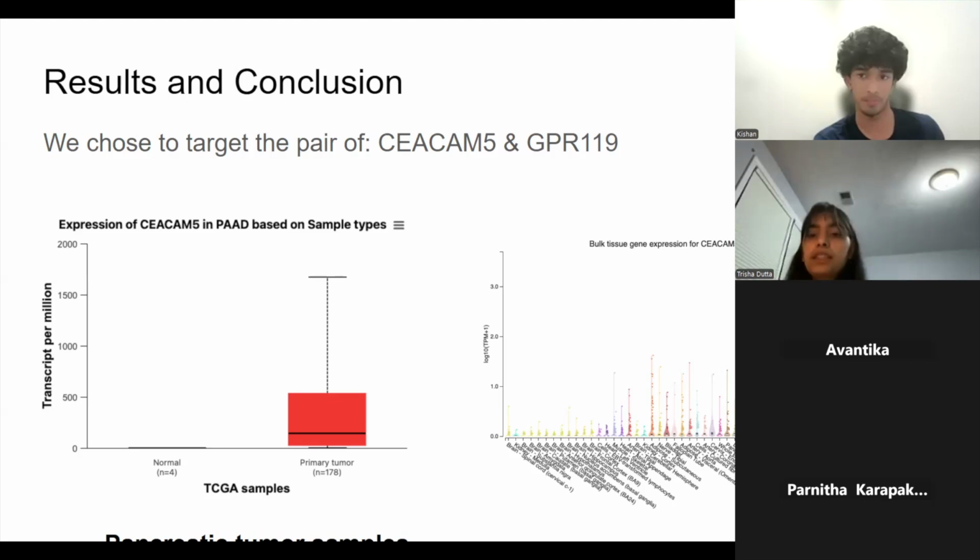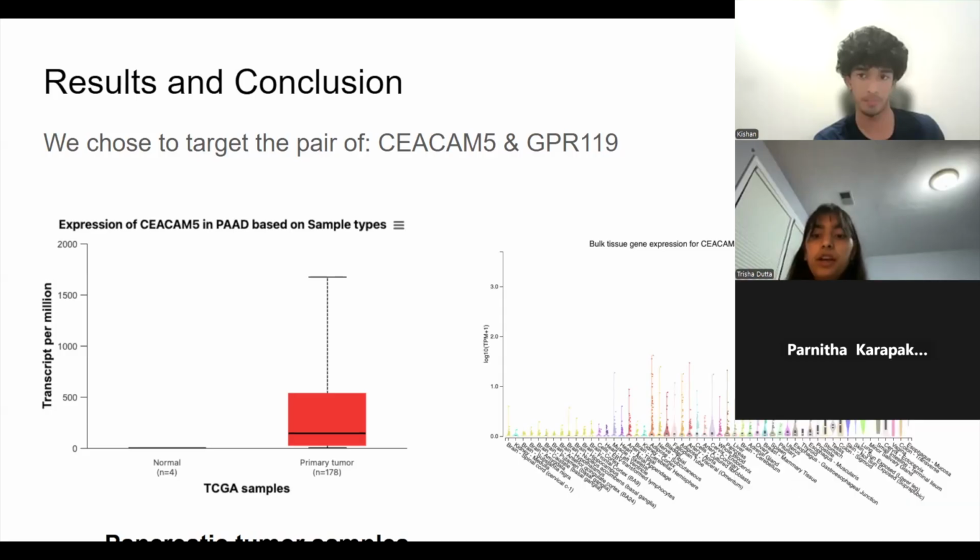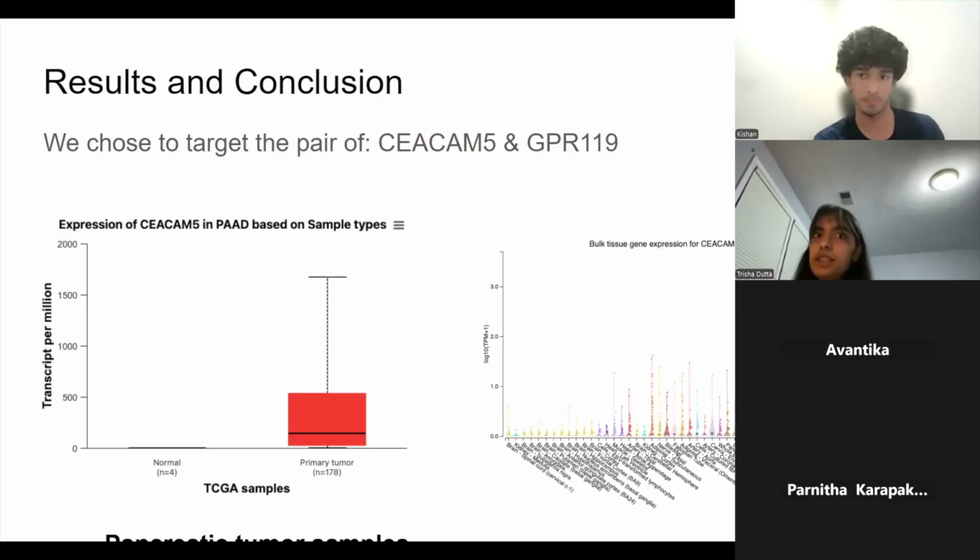CCAM is a good target due to its low to no expression in the heart and nerve tissue. The acute toxicities in the gut, however, prove highly detrimental in treating patients.